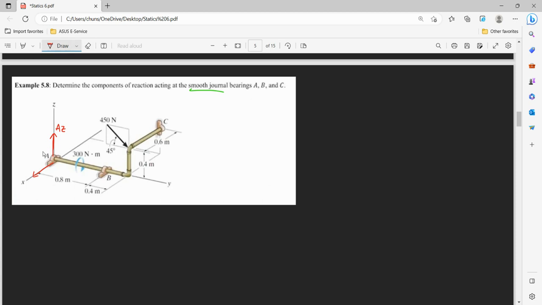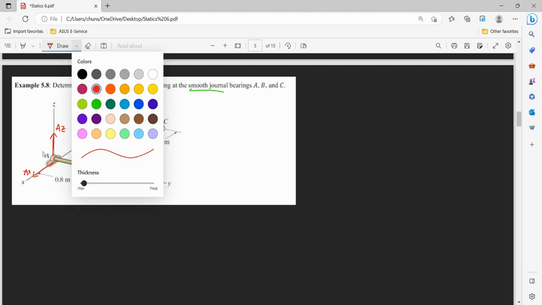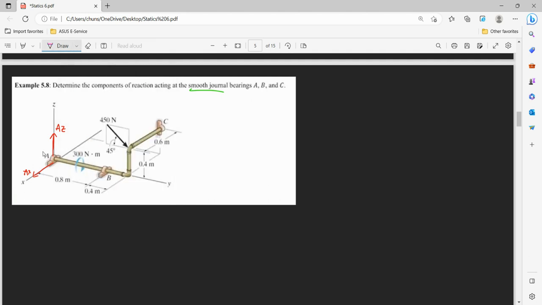So we have those two there, so AX and AZ, and moments I'm going to do in pink. So we don't have any moments about this axis because we can still rotate our pipe in there.